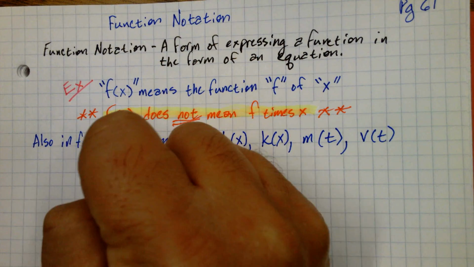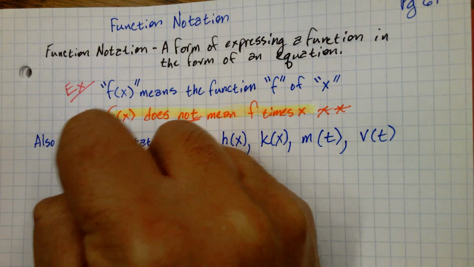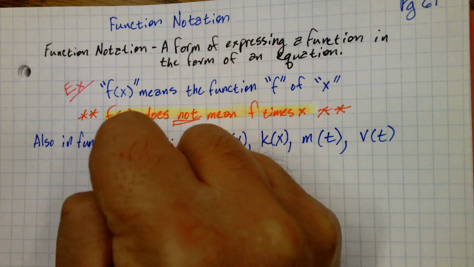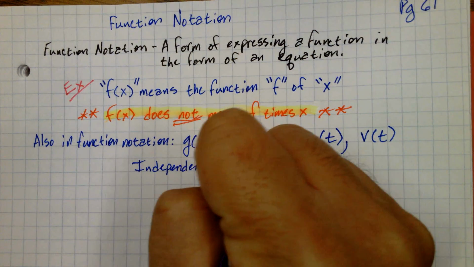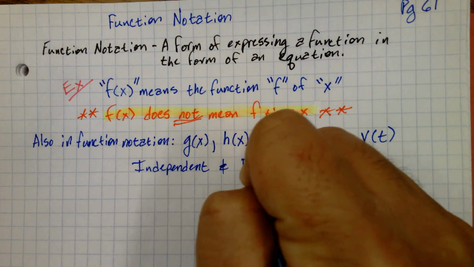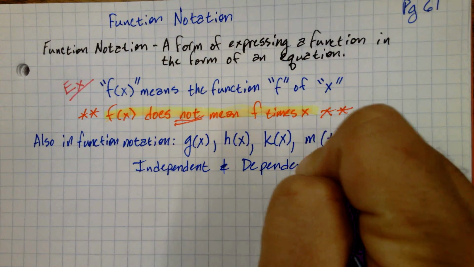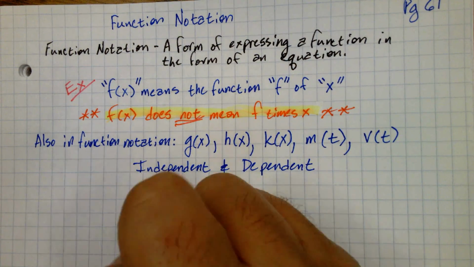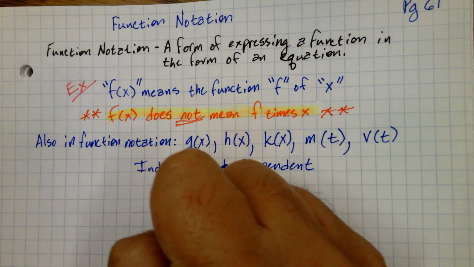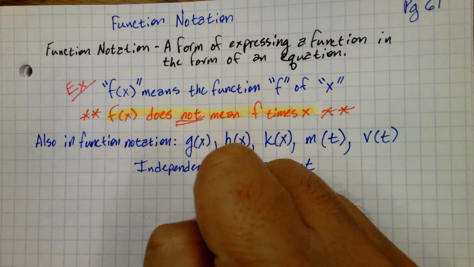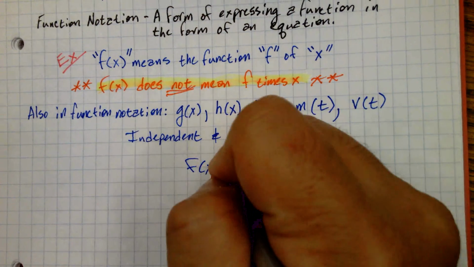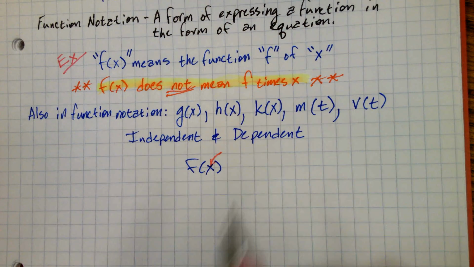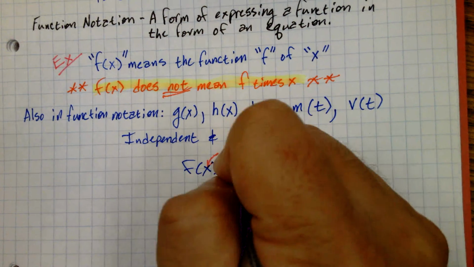So for independent and dependent, okay, let's say we have f of x. The function f of x. That's the most popular one. Okay, here's the big reveal. You see the x inside? That's the independent variable.